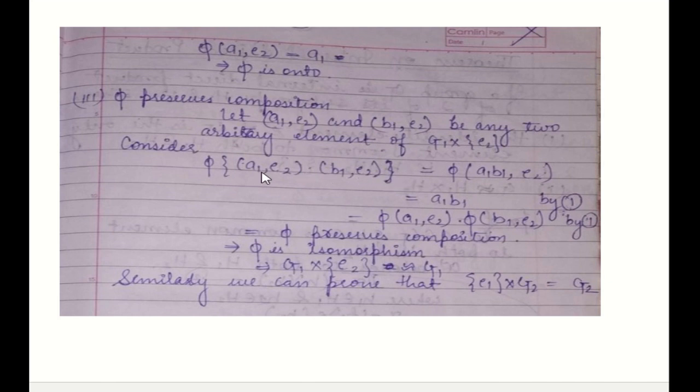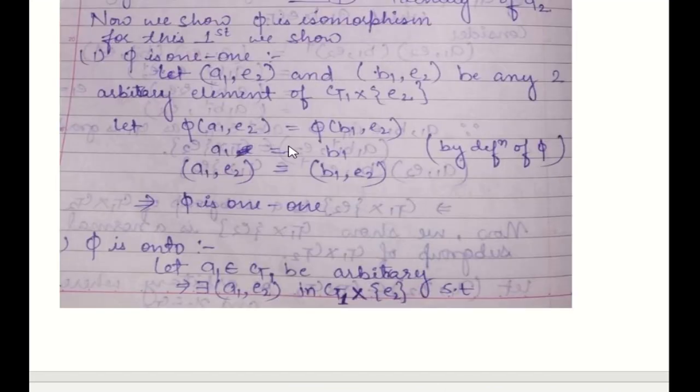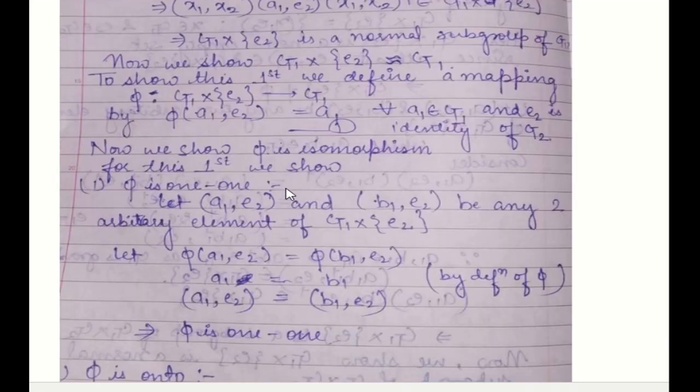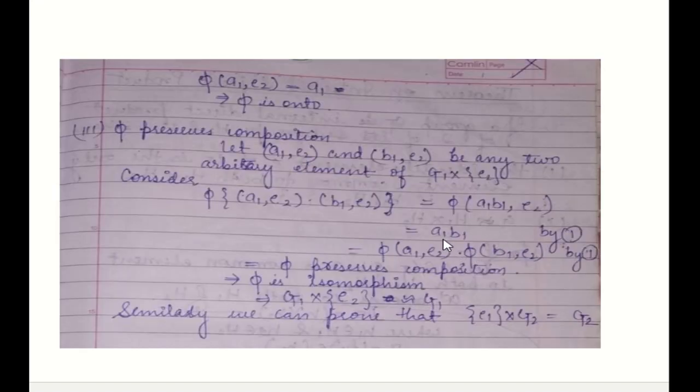By the definition of phi, this will be equal to phi of A1 B1 comma E2, which equals A1 B1. Now it can be written as phi of A1 comma E2 into phi of B1 comma E2. So phi preserves composition. So phi is an isomorphism mapping. So G1 cross E2 is isomorphic to G1.